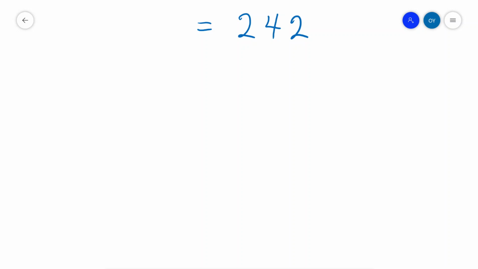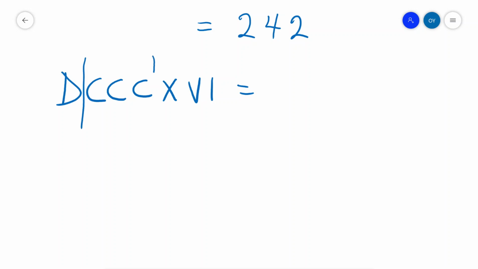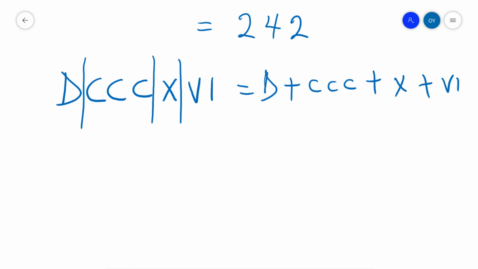Write these Roman figures in digits. So we have DCCCXVI. Remember to split them. So we can split this way: D, CCC, X, then VI. So we have D plus CCC plus X plus VI. So D is 500.